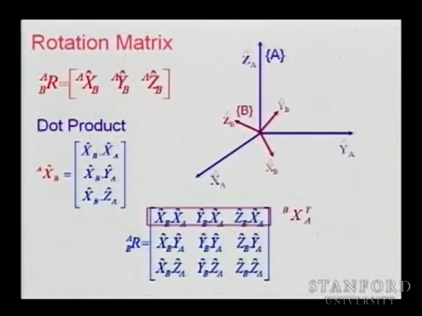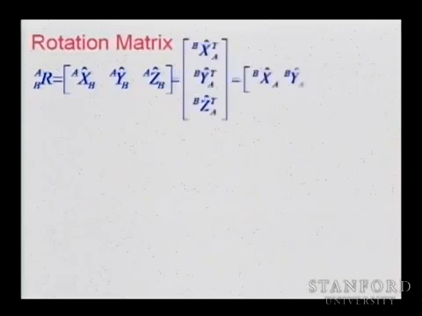This is very interesting because if we start looking at these properties, we see that this rotation matrix is either the component of B in A or the transpose of the rows of A in B.